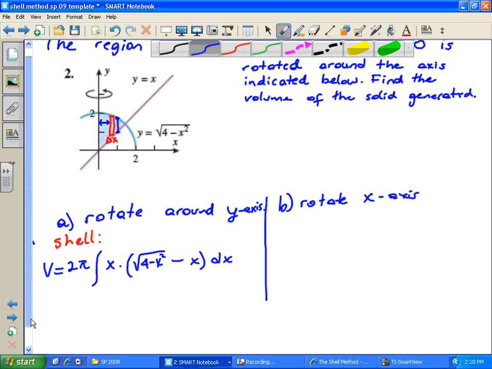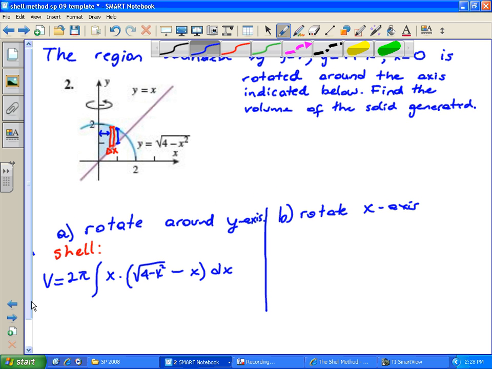But what are they? To answer that question, let's go ahead and set the two functions equal. Square both sides. So we get 2x squared minus 4 is 0.